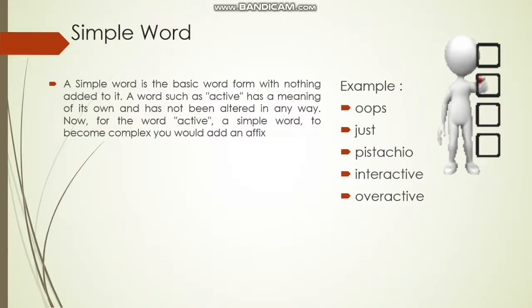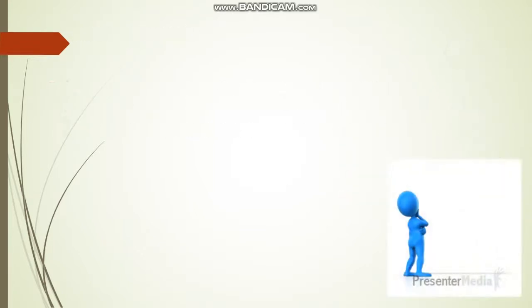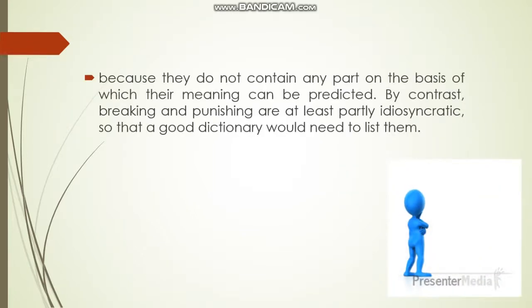Simple words are words that can have one or more syllables. But in the case of a multisyllable word, the meaning of the word is not related to the meaning of any syllable, because they do not contain any part of the basis from which their meaning can be predicted.